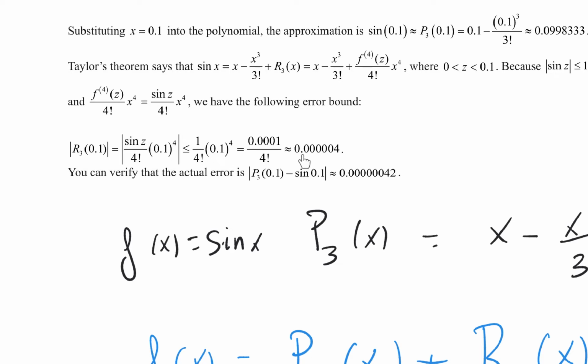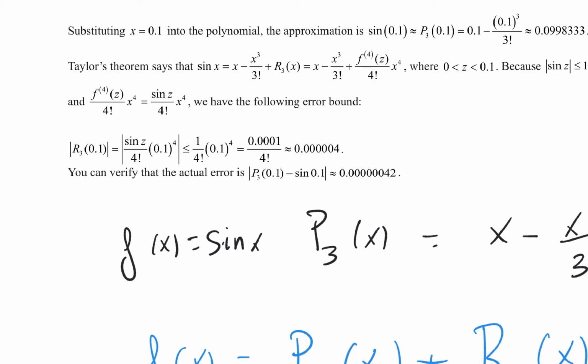The error is very small, even taking only two terms of the Maclaurin polynomial. You see, the value of the polynomial is 0.099, and the error is 0.00004. Wow, a small error.